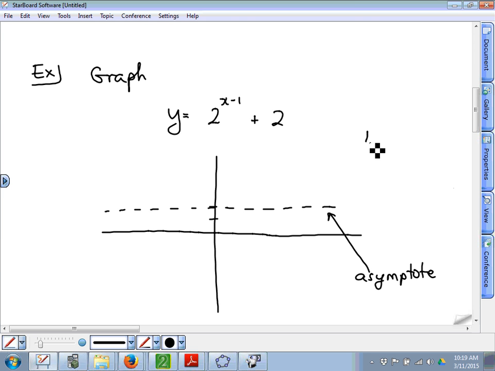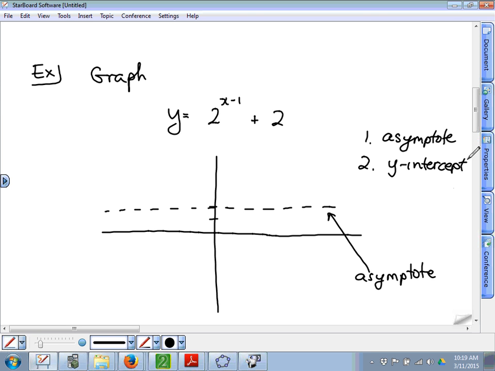So, first thing I would need you to identify is where the asymptote is. Second thing I would need you to clearly mark on your graph is the y-intercept. I have to see that that's correct. You can't just eyeball it and say, all right, the graph looks something like that. I need to see the y-intercept in the spot it needs to be in. Well, you guys know how to find a y-intercept.